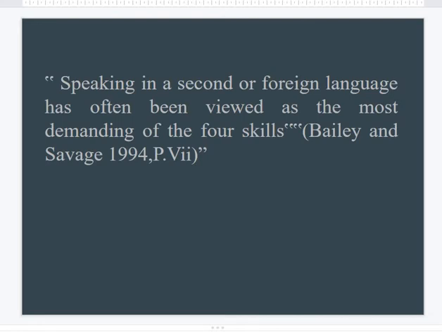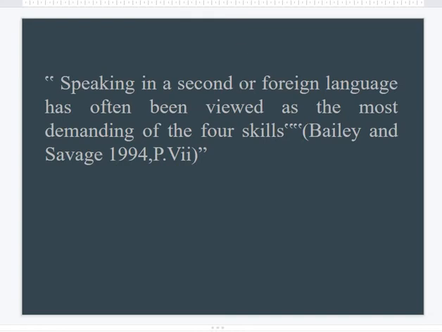Speaking in a second or foreign language has often been viewed as the most demanding of the four skills, because the person who can speak well, who can speak confidently, can be considered good at the language. If you are good at writing but you cannot speak well, you cannot express your ideas while speaking, then we cannot say that you are good at speaking.